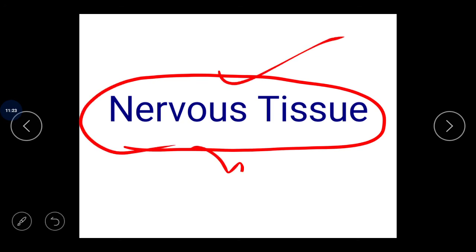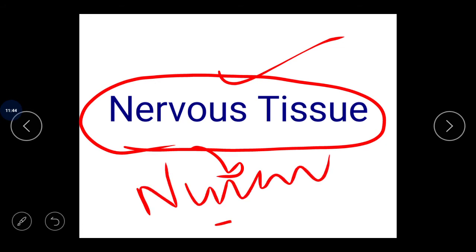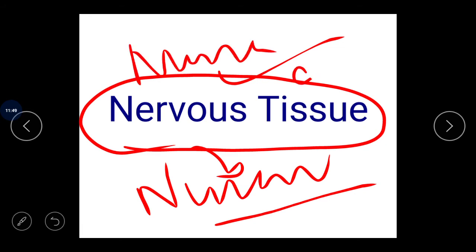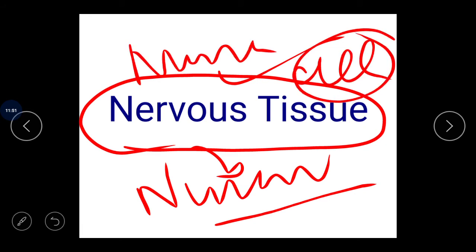You know that our brain, our spinal cord, our nerves, sensory and motor neurons, all of these are made up of a type of cell that is called a neuron, or neurocell.